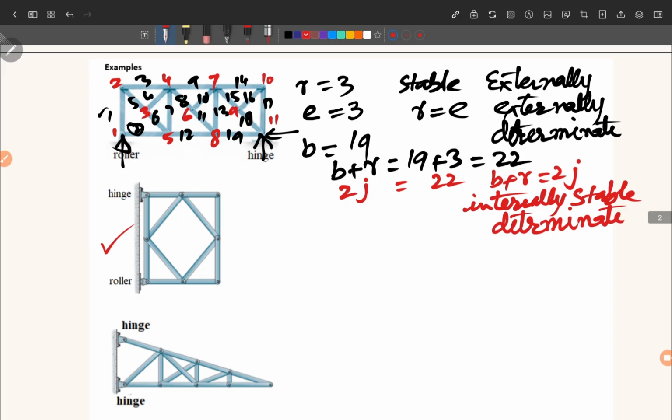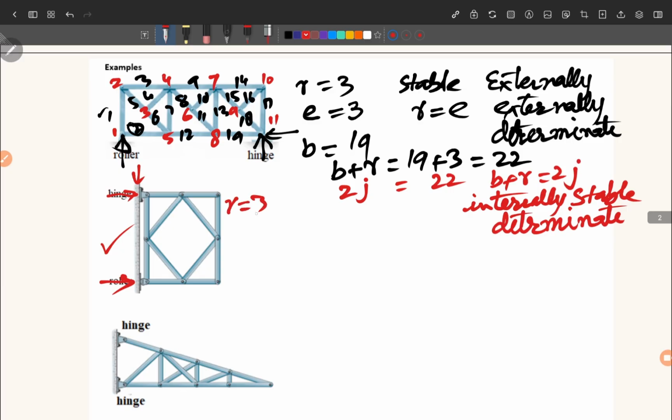And in the second structure also we will see how many reactions are there, how many bars are there, and how many joints. This is the procedure we have to follow for our structures, which is truss. So here also we can see hinge will have 2 reactions, roller will have 1 reaction. So R is equal to 3, and these reactions are not concurrent and not parallel.